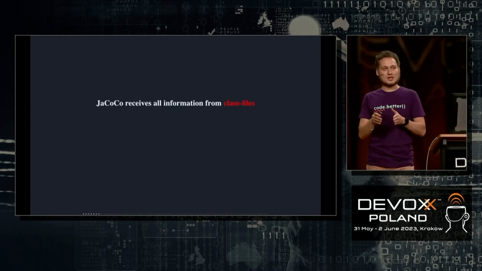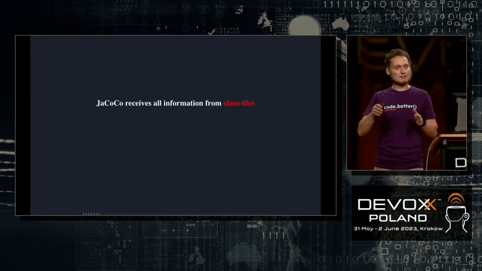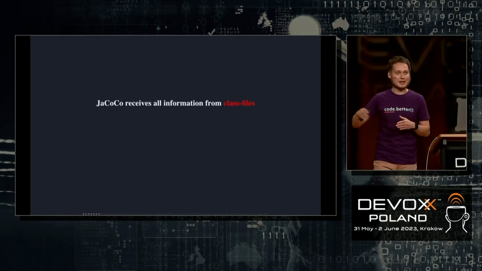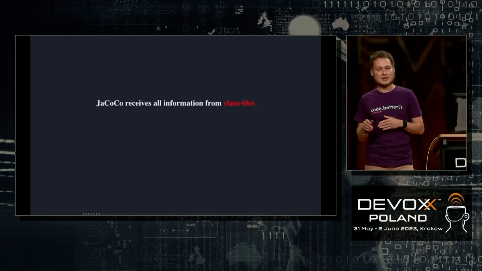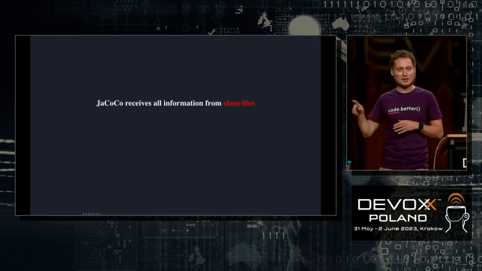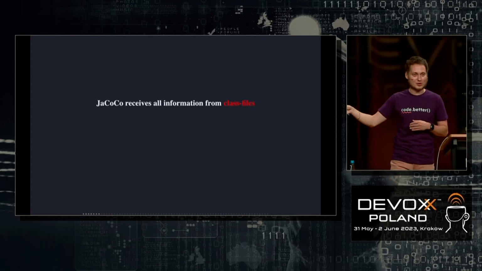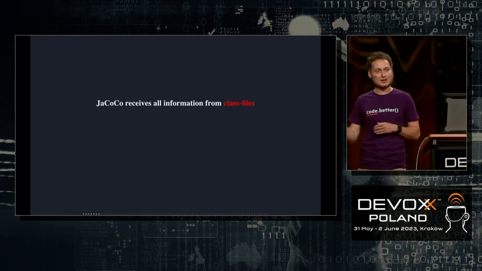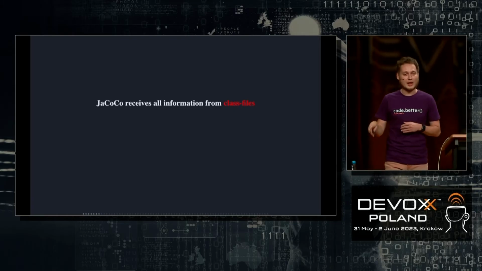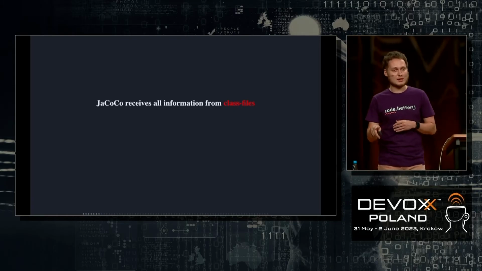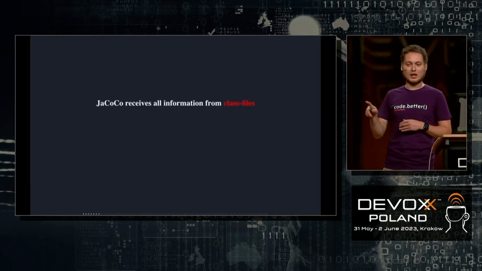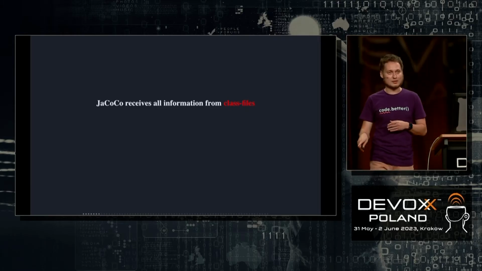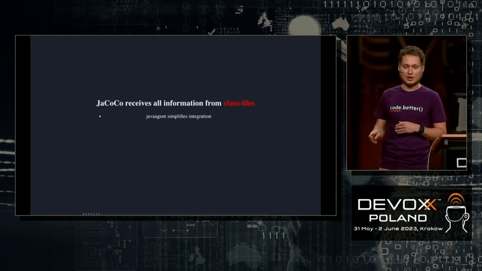What you see in the report is happening just at the end. We are going to see how we link class files to the source files that are shown to you, but this does not participate in the process of calculation. Everything JaCoCo does is done by looking inside of the class files, into the bytecode. And that's what we are going to talk about today.